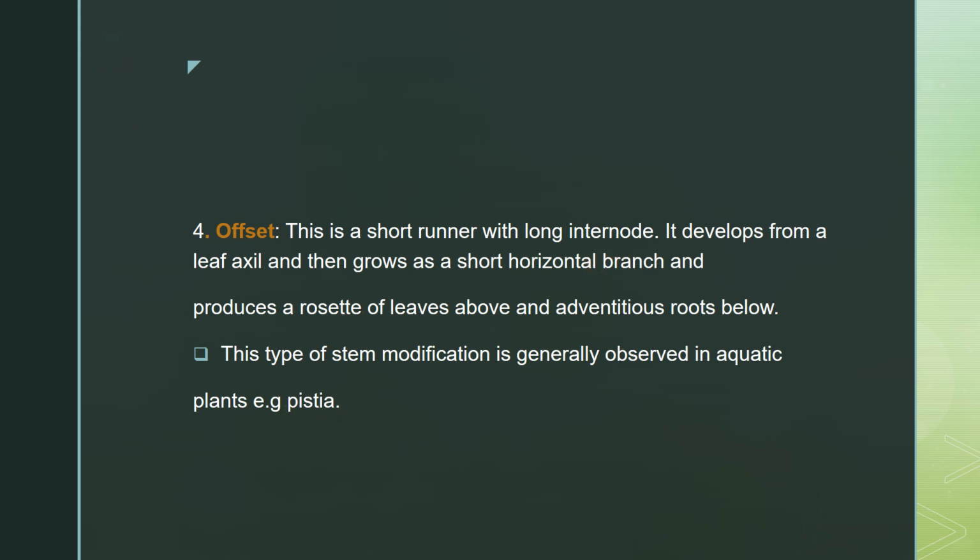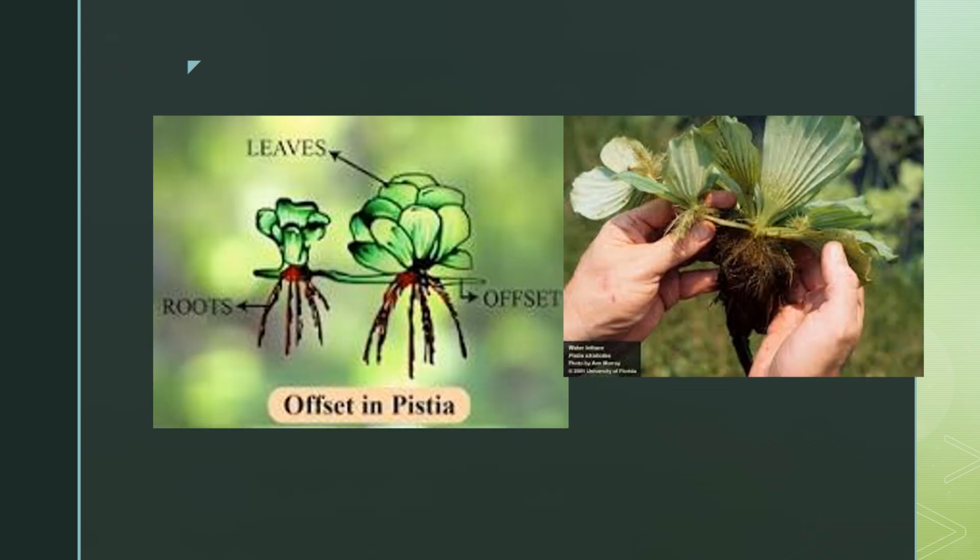This type of stem modification is generally observed in aquatic plants like Pistia. Okay, you can see this type on the aqua plants like Pistia.